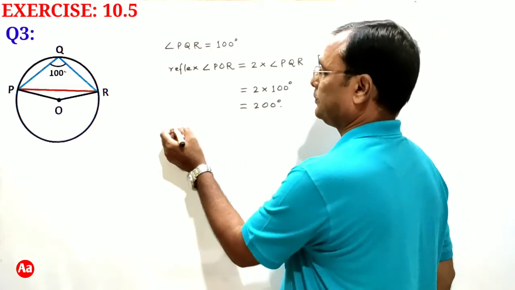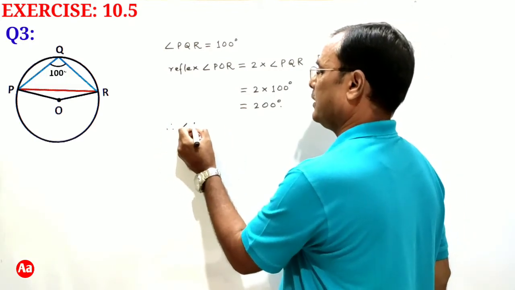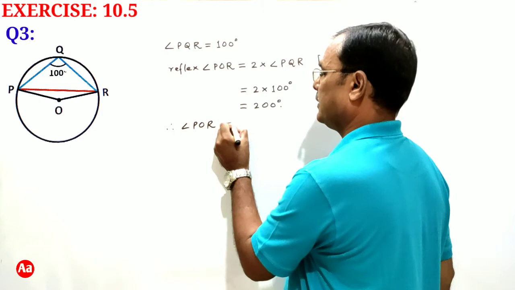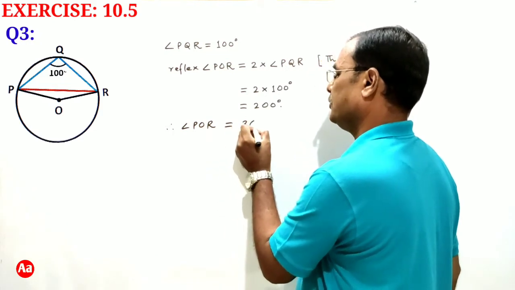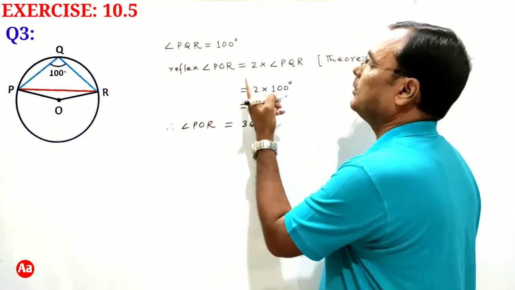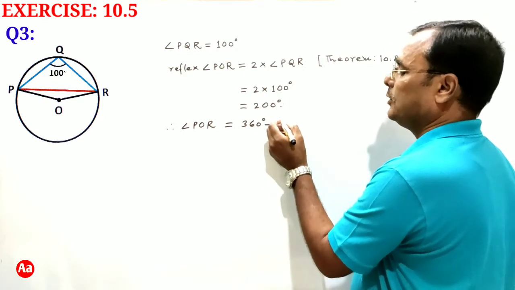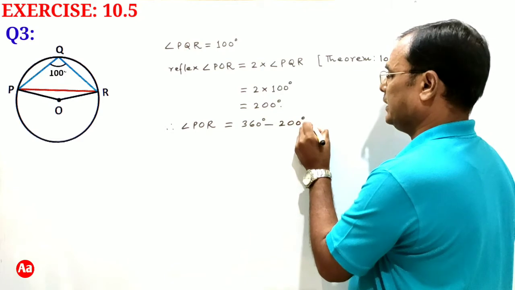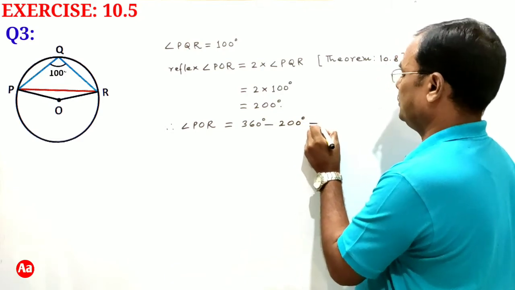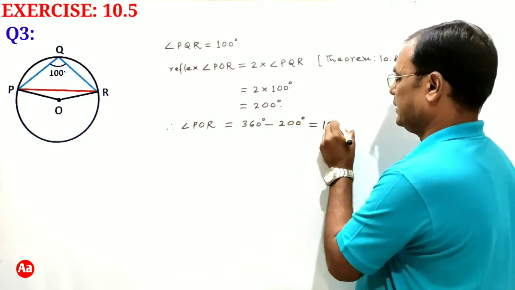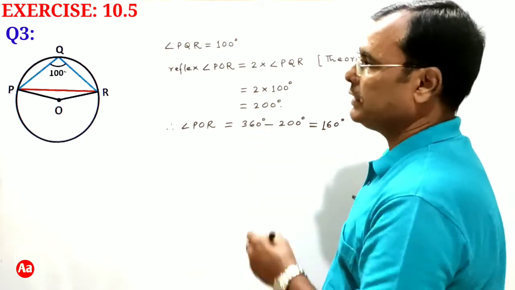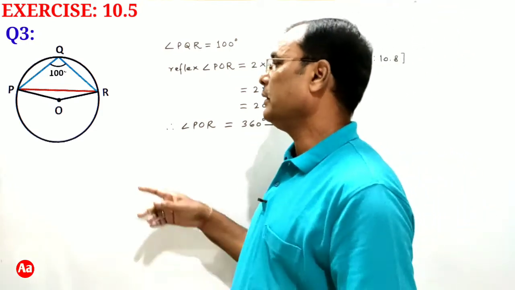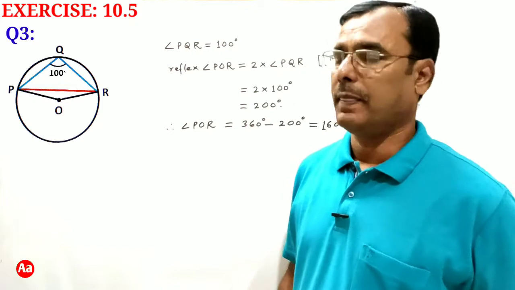Therefore angle POR is equal to 360 degrees minus reflex angle POR, that is 200 degrees, which is equal to 160 degrees. Now see triangle POR.